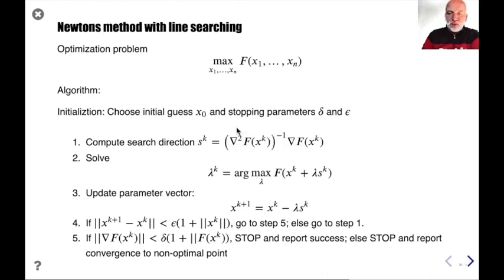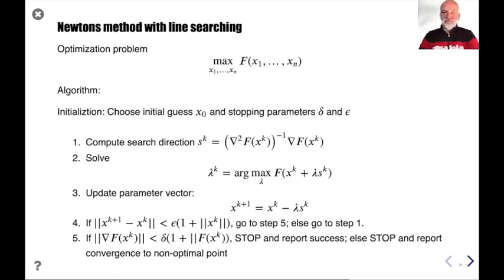What is this? This is the Hessian, the matrix of second order derivatives of that function, so it's an n by n matrix. This is the gradient, so it's an n by 1 vector. Once you've got the search direction, you know which way to go for each of the different values of x, from x0 to the new value x1.